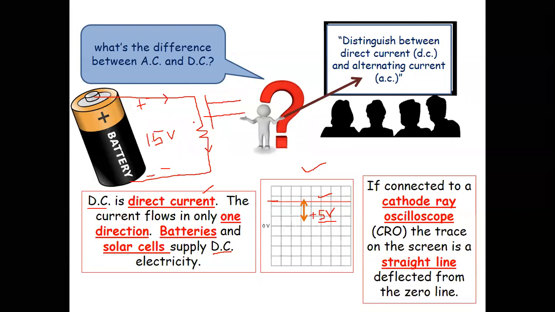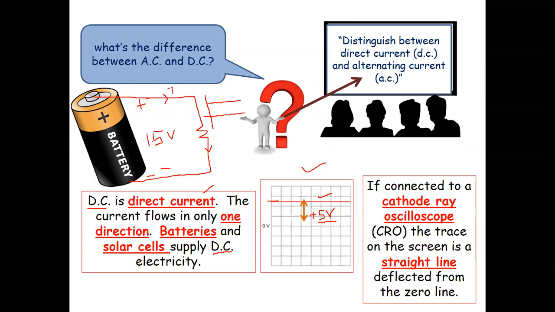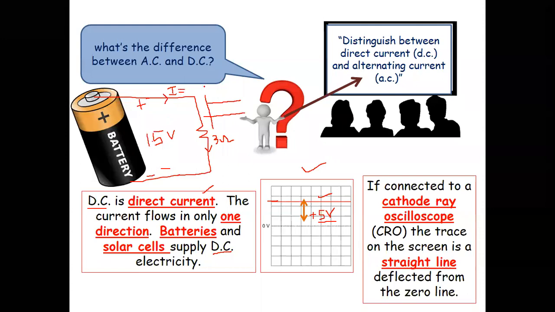When you apply a DC voltage, the current flowing is also fixed. Let the resistance be, for example, 3 ohms. Then the current flowing is a constant value given by V by R, that is 0.5 amperes.